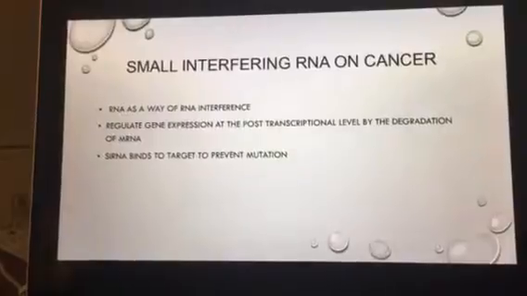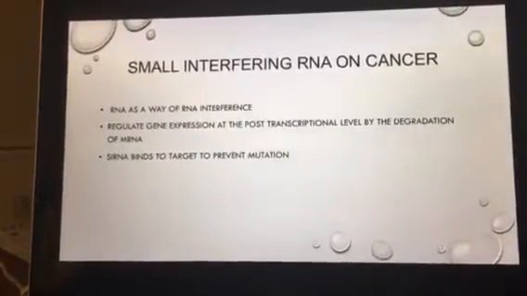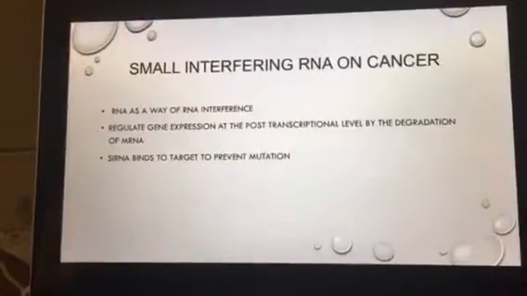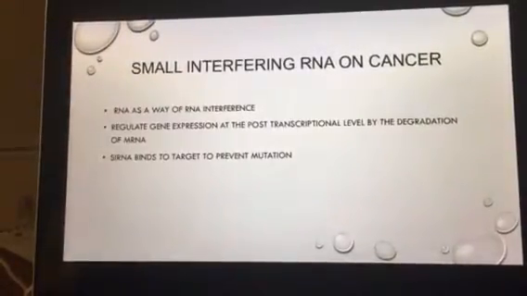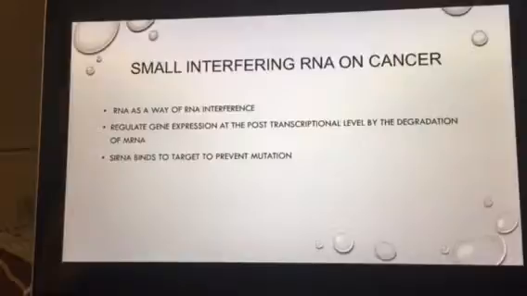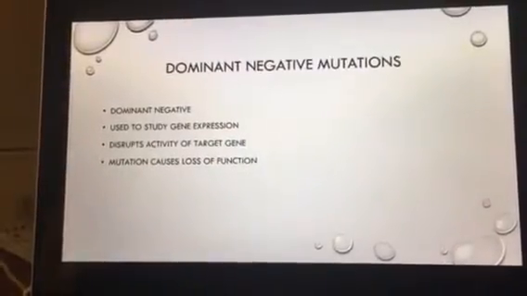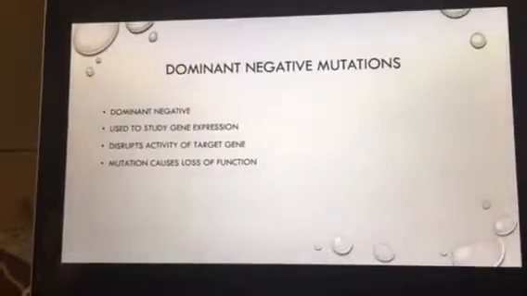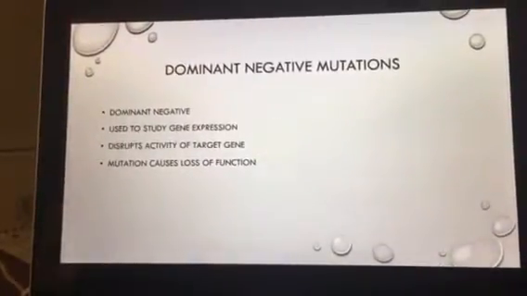And we will come back to this in a couple of seconds after we understand how this could affect dominant negative mutations. So a mutation is a change in the DNA sequence of a gene that leads to a different expression of that gene.